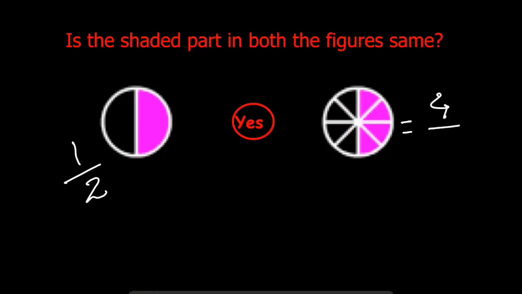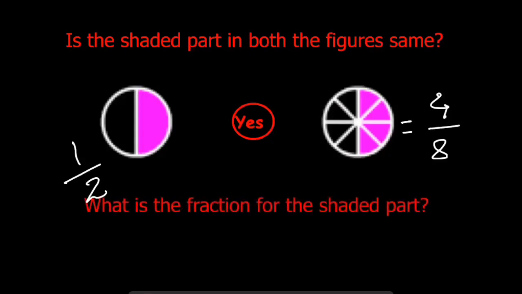Yes, in the denominator it would be 8. Now let's see the fraction for the shaded part. The fraction is 1 by 2. And here the fraction is 4 by 8, which we already did.